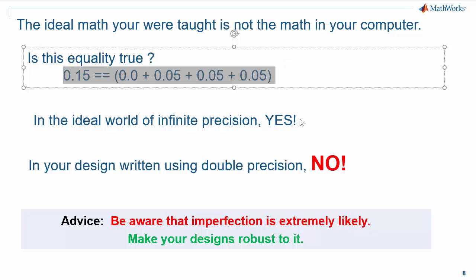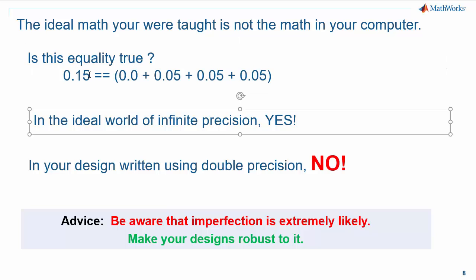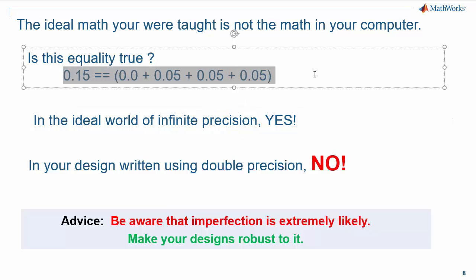But as mentioned before, your computer is doing something different, and it's probably doing double precision math, at least on your workstation and your personal computer. And in that world, this equation will not be true. So you want to be aware that this imprecision is extremely likely, and you want to make your designs robust to this fact of imprecision being common.